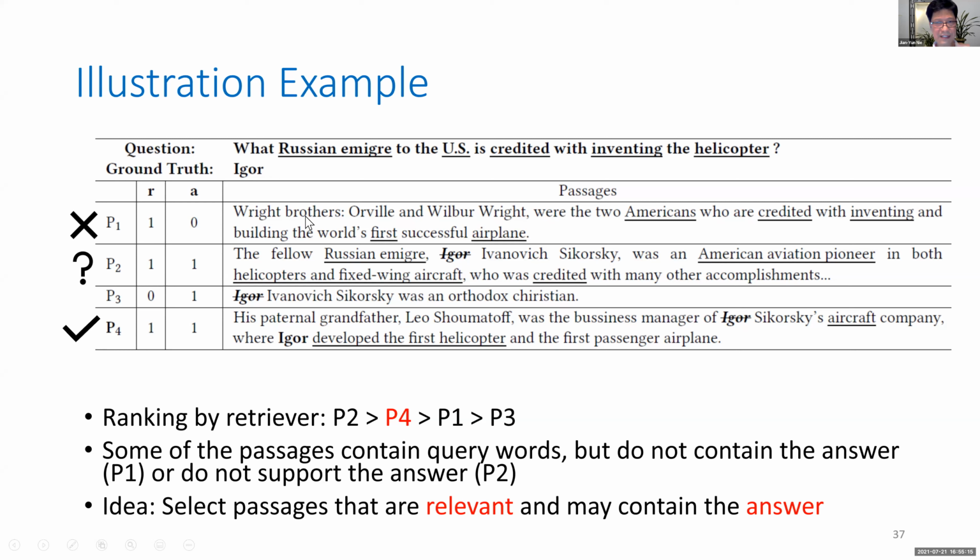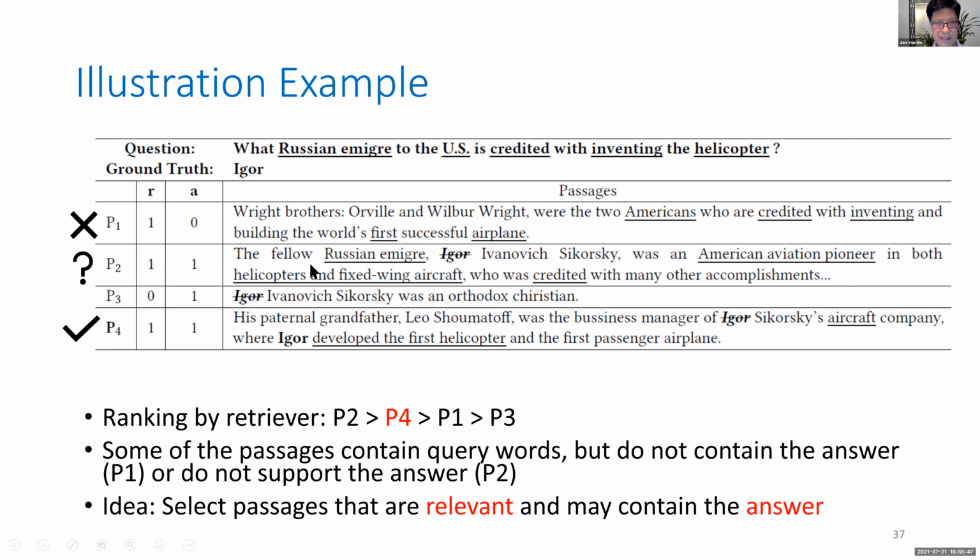But when we check the different candidate passages, in the first passage, we may have relevant elements such as inventing or related keywords, airplane, not helicopter, but it's related, and American and so on. So this first one could be retrieved by the information retrieval system in the first step. But of course, this is not the right answer because we are talking about other things.